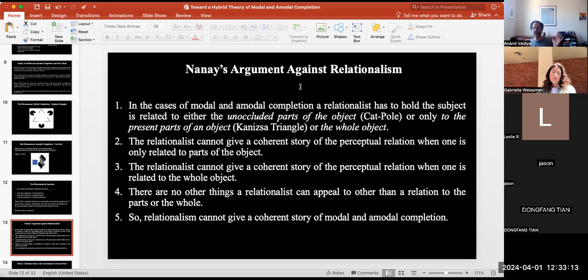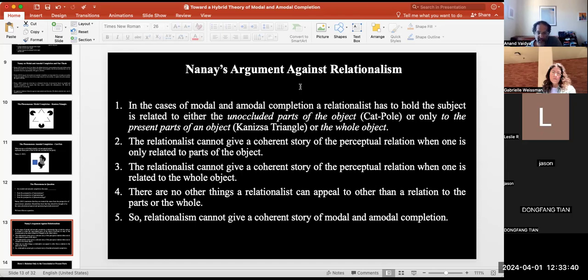So the disjunction is between parts of an object or a whole object. In the first disjunct, because there are two types of cases, it's either the unoccluded parts in the cat or the present parts in the Kanizsa triangle. But the general disjunction is between parts and whole. So the relationalist can either say you're related to the part or you're related to the whole.